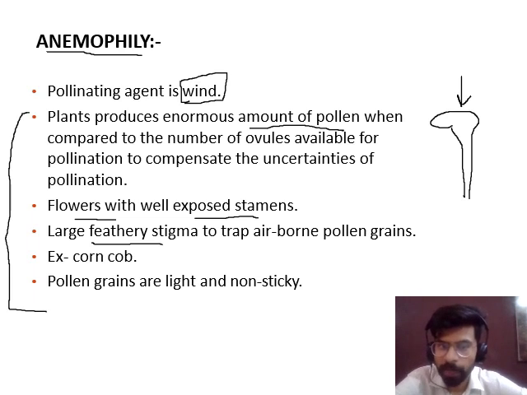So the stigma should have a large area so that it can trap the pollen grain from air. An example is the corn cob. Corn cob is the plant in which air pollination can be visualized.